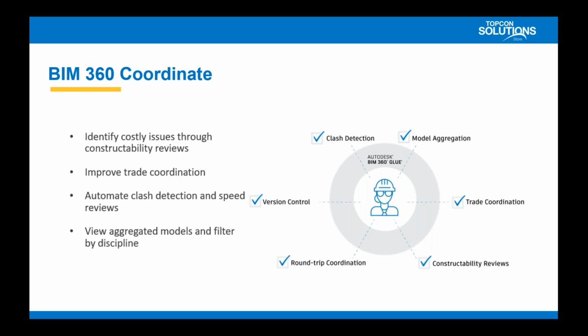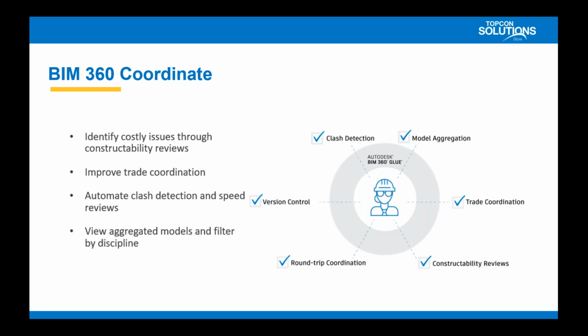Especially when you have these huge models, searching by ID, or even just clicking on that issue add-in there, and it takes you right to that element. It saves you so much time. Yeah, it really does allow us to address issues faster, connects not just the office to the field, but again, that field to the office.